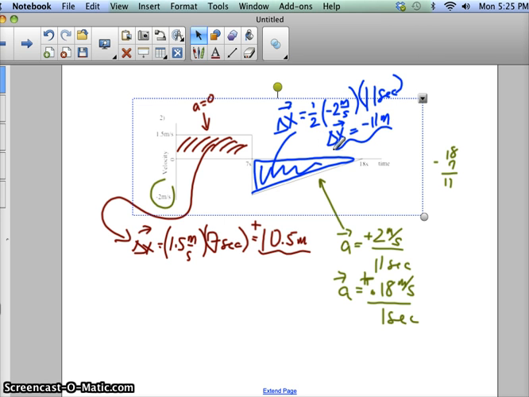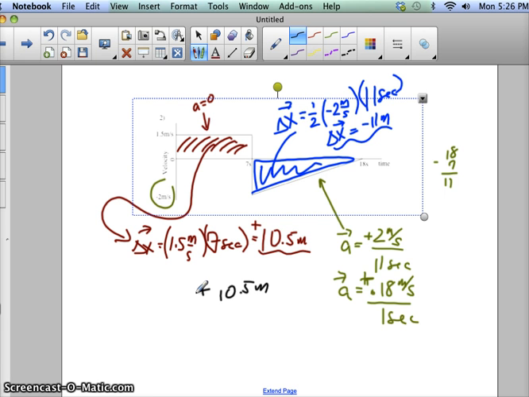So my object changed position in the last 11 seconds by negative 11 meters. So overall displacement looks like 10.5 meters in the positive direction, then 11 meters in the negative direction. So my overall displacement is going to be negative 0.5 meters.